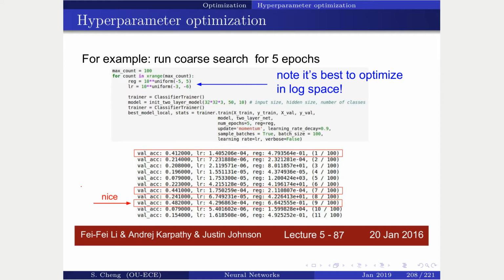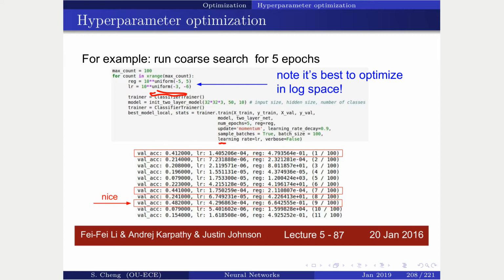So here's an example. But here it doesn't use the log scale though. Here it uses uniform. It may not be the best strategy, but I think they are using uniform here, right? Let's see. So the learning rate, no, I think they're using log scale, but I cannot see the log scale anyway.